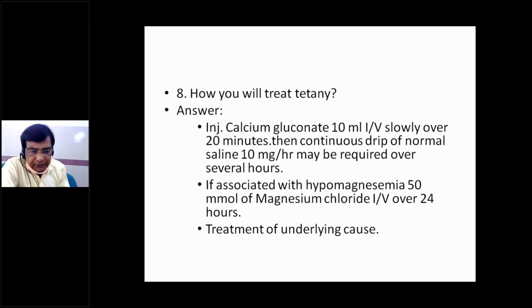It is given over several hours till the patient is symptom free. But sometimes it is associated with hypomagnesemia. At that time, 50 millimole magnesium chloride is given IV over 24 hours. And treatment of the underlying cause should be done.